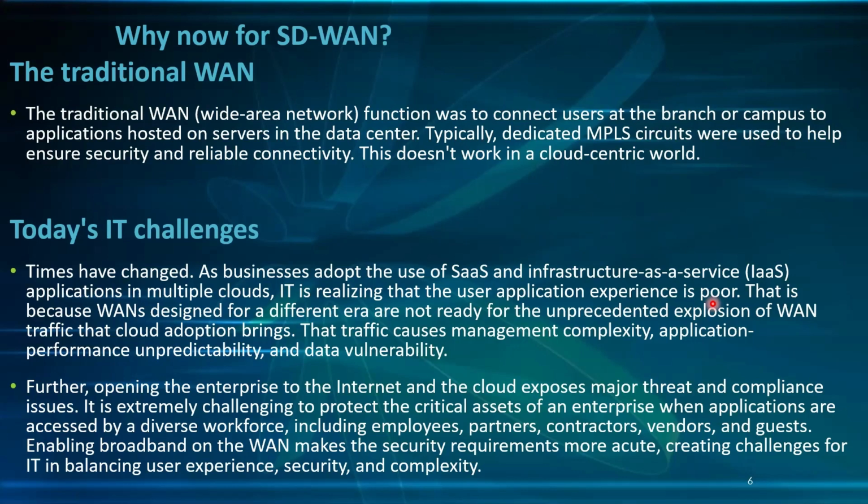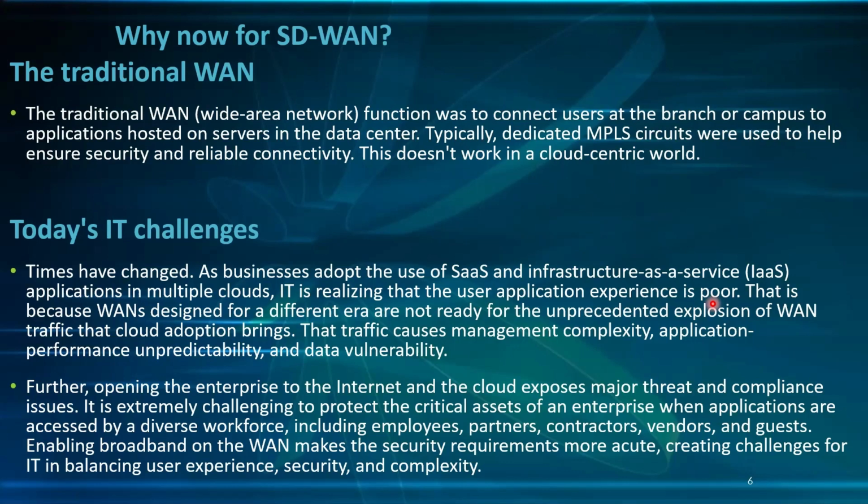So first, the experience of the end user becomes worse because the traffic is taking a way longer path, and the reliability of those links is sacrificed. And since you are involving multiple cloud providers connecting to your data center, the complexity is increased.